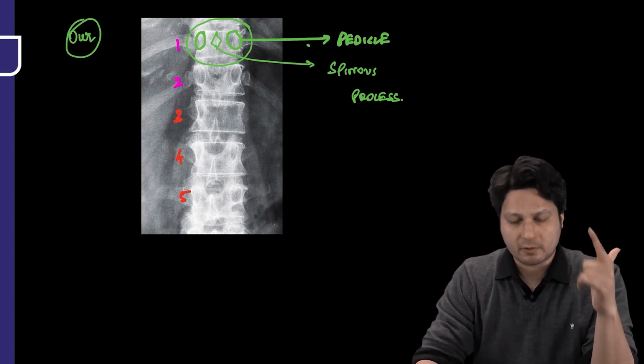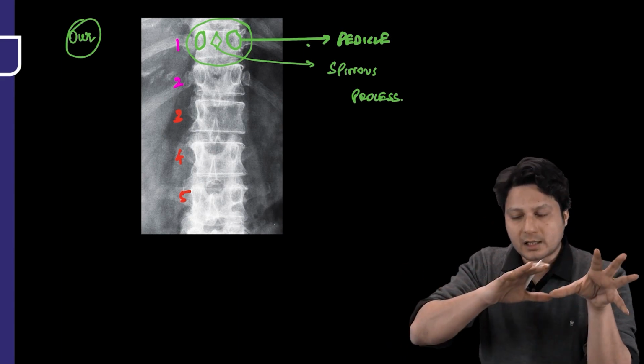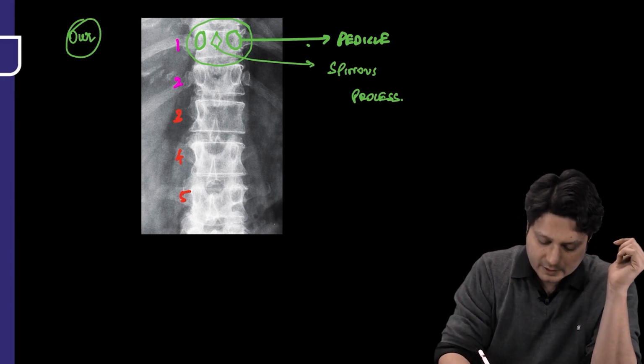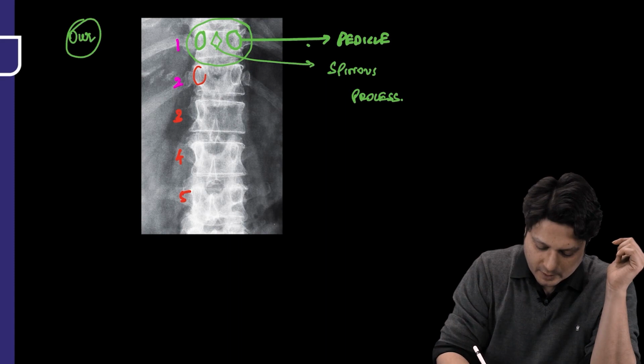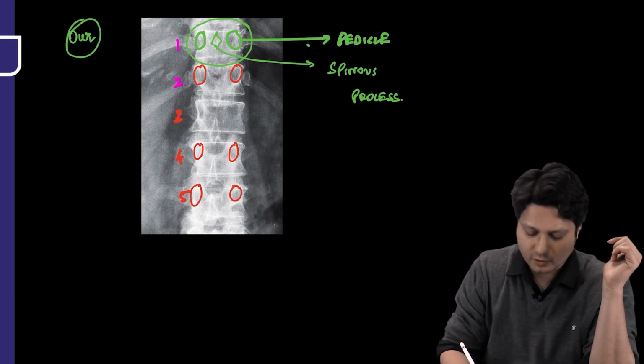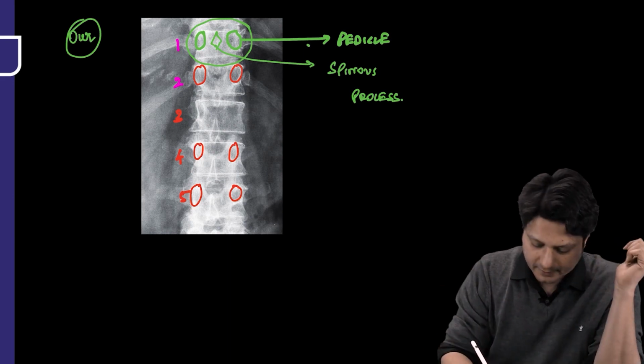Now, in vertebra number 1, both the eyes of the owl, that means both the pedicles, are clearly delineated. They are visible. Similarly, in vertebra number 2, both the eyes are clearly visible. In vertebra number 4, both the eyes are visible. In 5, both the pedicles, or the eyes, are visible. All right. But in vertebra number 3, what is happening?